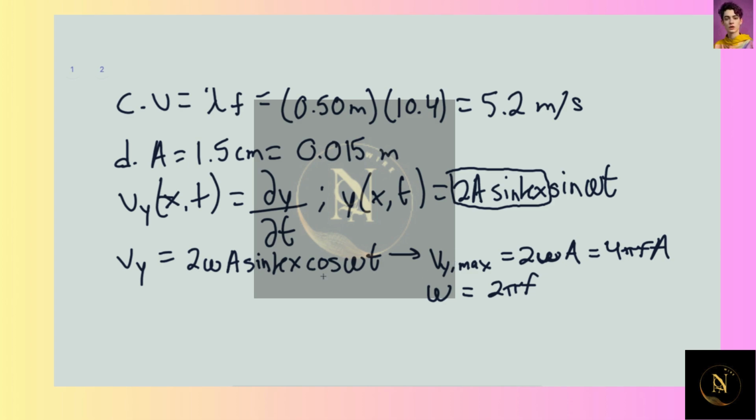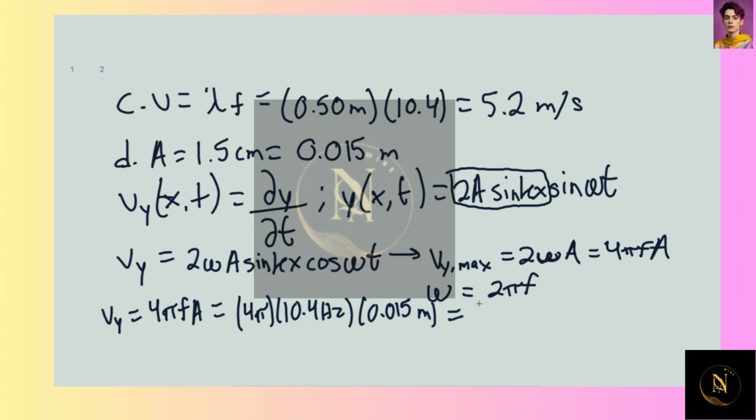Once we have this, we can simply use it. So Vy at position 1 is going to be 4 pi f times A, and at position 1, the amplitude is going to be that full amplitude, 1.5 centimeters. So we'll have 4 pi times 10.4 hertz, and then the amplitude being 0.015 meters. And this is going to give us 1.96 meters per second.